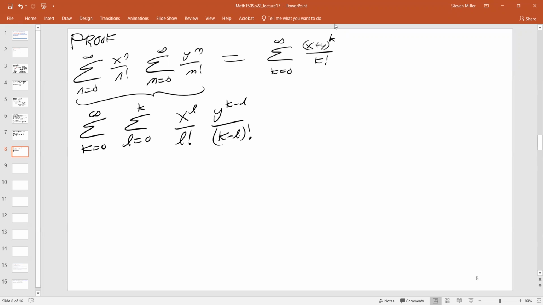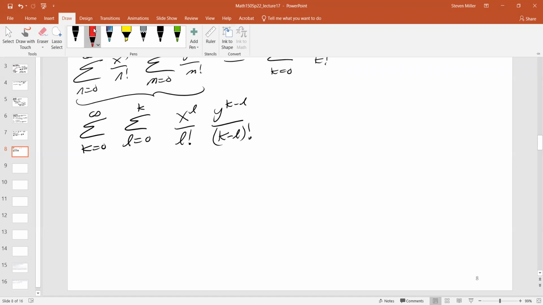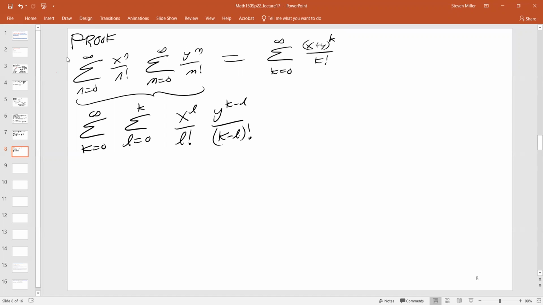Which combination would have L factorial, k minus L factorial in the denominator? k choose L. So this looks a lot like k choose L. What is preventing it from being k choose L? What do we need to make it k choose L? We need a k factorial in the numerator.